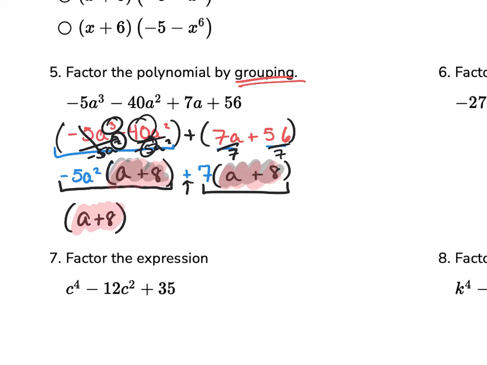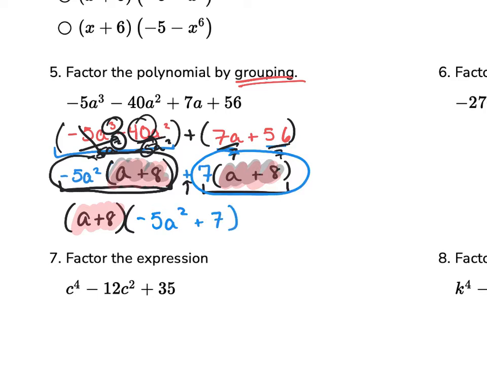In the first term, once I take out the a plus 8, I'm left with a -5a squared. And in this second term, when I take out the a plus 8, I'm left with a positive 7. And now it's factored. It's a plus 8 times this. In fact, one way you can check is to distribute: a plus 8 times -5a squared and a plus 8 times 7, and you'd end up back at the start. That's our factorization for 4 terms.